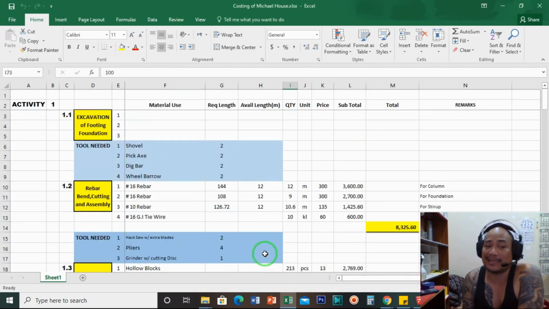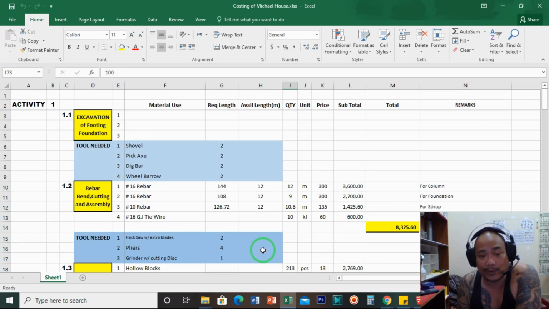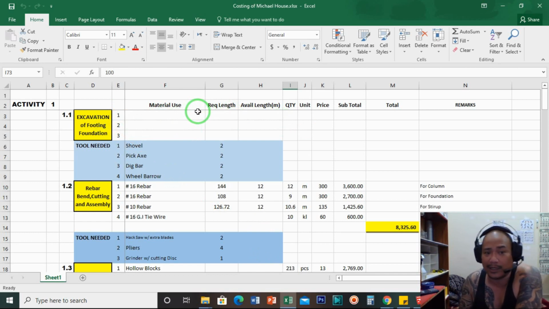So this is the costing and the activity of our house. First and foremost, our first activity is the excavation of the footing foundation. There's no material used here, only tools needed. So what are the tools needed? We need shovel, pickaxe, dig bar, and wheelbarrow, two of each of those I mentioned.